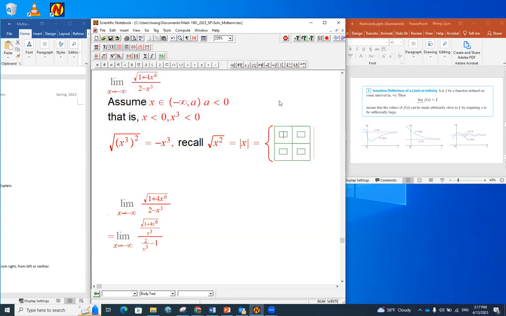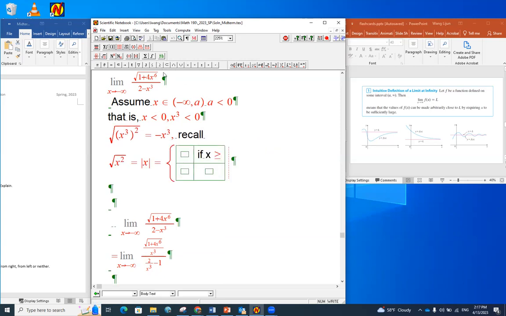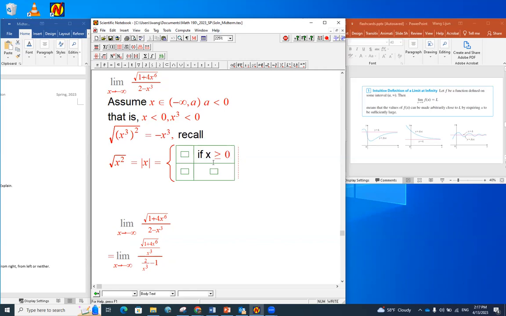The absolute value of x is x if x is greater than or equal to 0, and if x is negative, the absolute value of x is its opposite. So let's not use x, let me use omega, other symbols so we don't get confused.